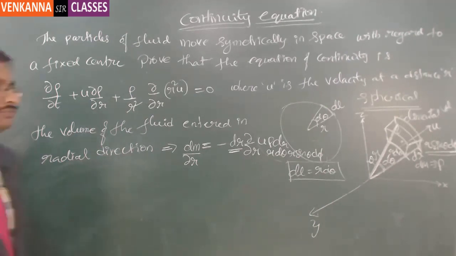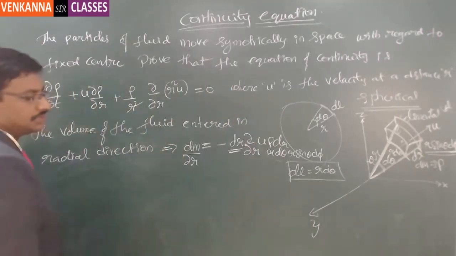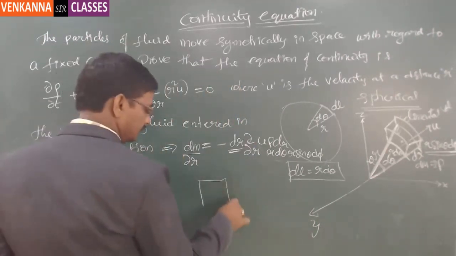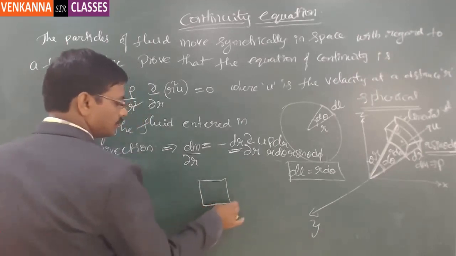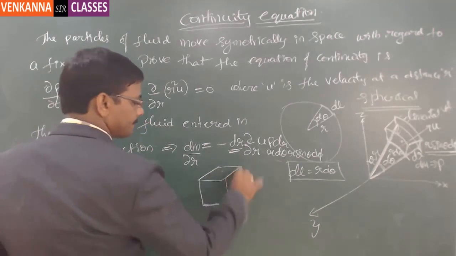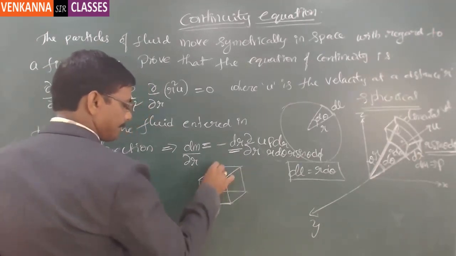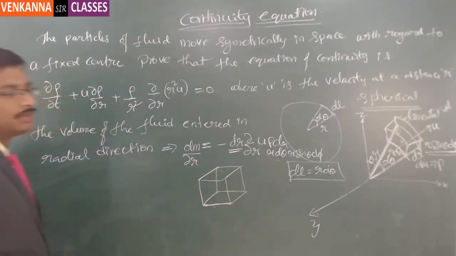See this, the volume, right? So suppose, let us say, rather than that shape, you try to imagine a box like this. So in Cartesian coordinates, you will be able to make out immediately. Let us say this is the box.